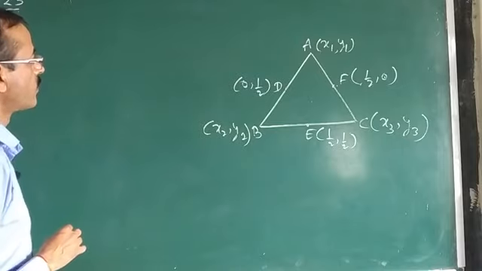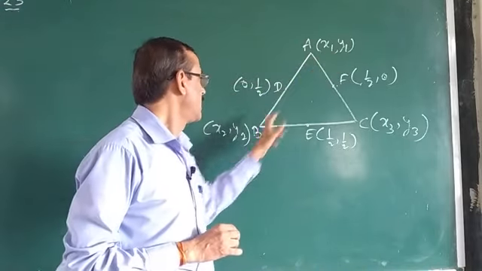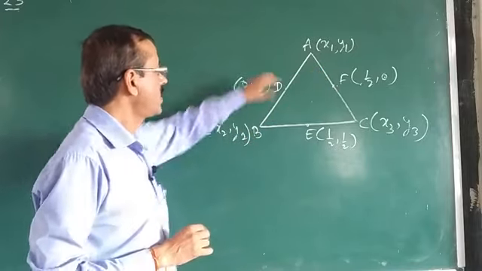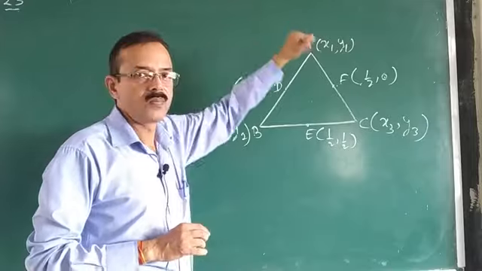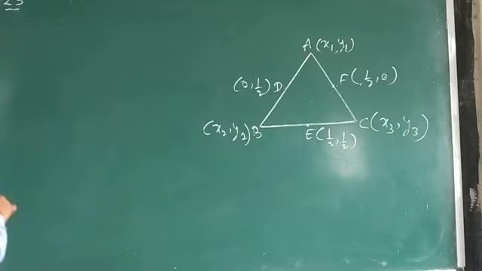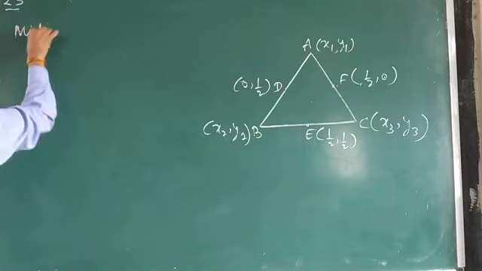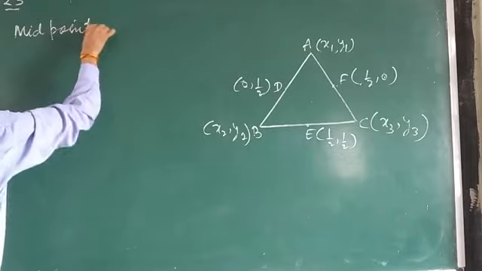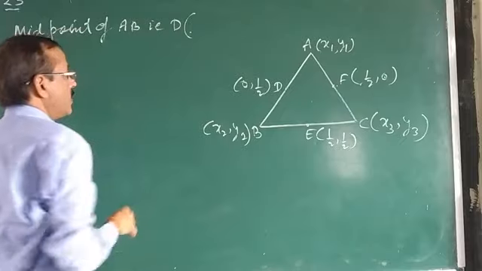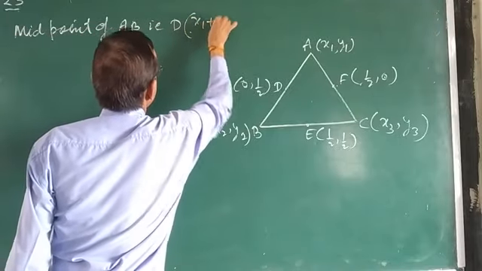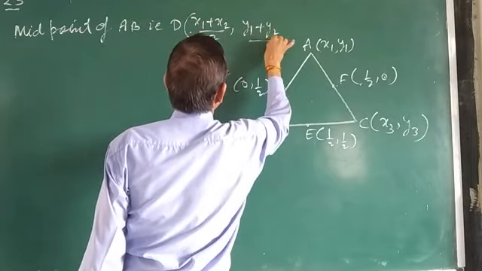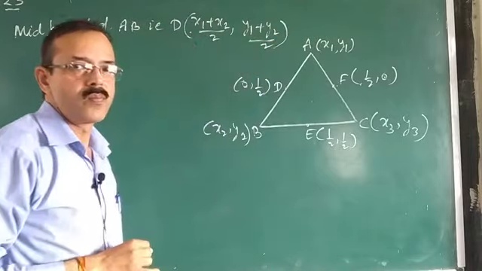Now, if we see, what is this? Coordinates of A and B. So what will be the midpoint of AB with regard to (x1, y1), (x2, y2)? The midpoint of AB, that means D, will be ((x1 + x2)/2, (y1 + y2)/2). Okay?